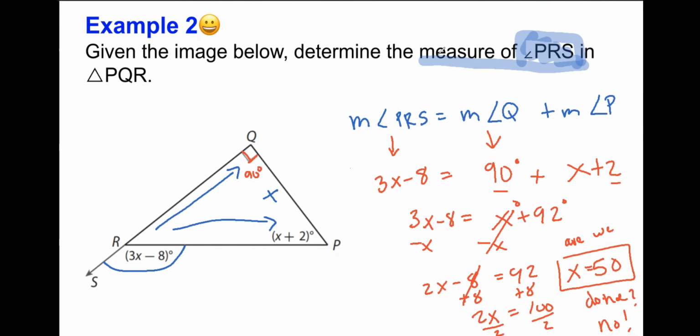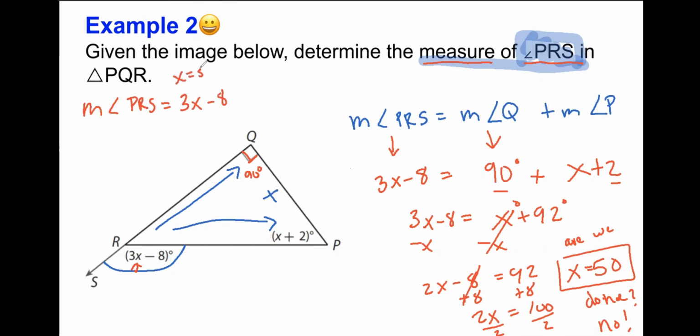We still have to find that measurement. It's asking for the measure of angle PRS. We already identified that angle. It's 3x minus 8. Do we know what the value of x is now? Yes, we do. So the measurement of angle PRS equals 3x minus 8.